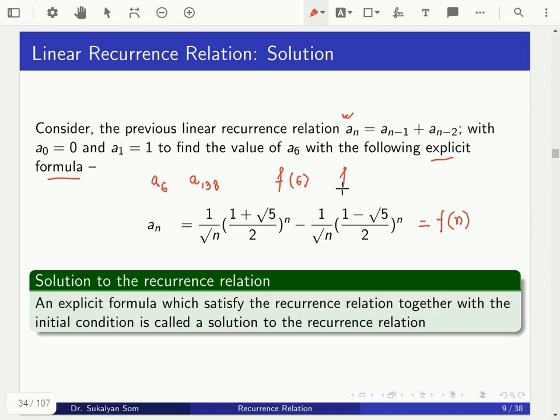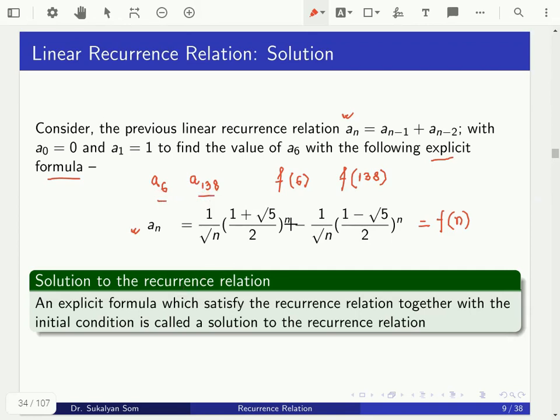Similarly, if anyone asks me to find the value of A138, then also I will replace n equal to 138 in the right hand side of this equation. And it can be easily observed that the amount of time taken to find A6 or A138 will be similar, and as a consequence we can say that using some constant amount of time we can find the value of A6 and A138 both.